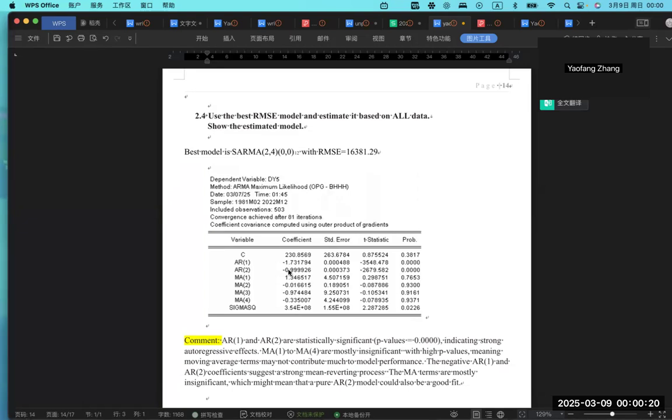We can see the key findings. The AR1 and AR2 were highly significant, suggesting strong dependence on past values. The MA terms were largely insignificant, implying that the model mainly relies on autoregressive components.